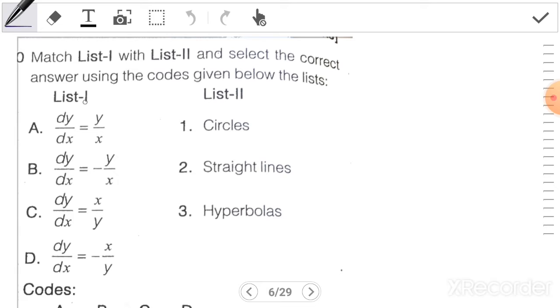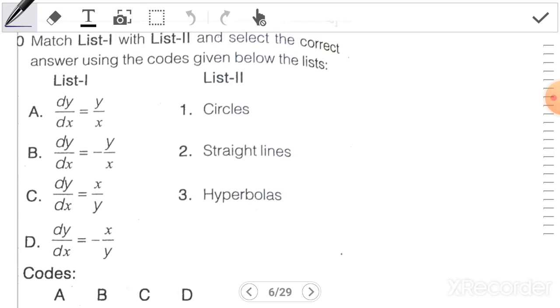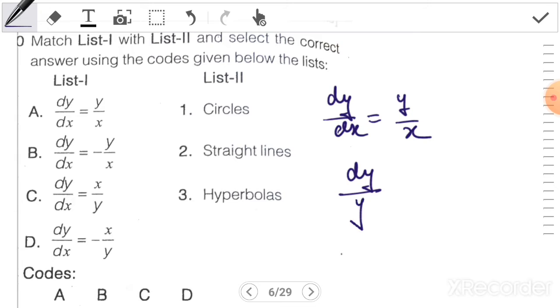So there are two lists given, list 1 and list 2. Select the correct answer using the codes given below the list. So let us check the first one. dy by dx is equal to y by x. So this is easily a variable separable method, dy by y equals dx by x.